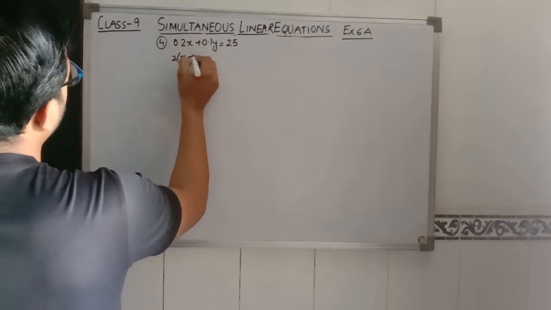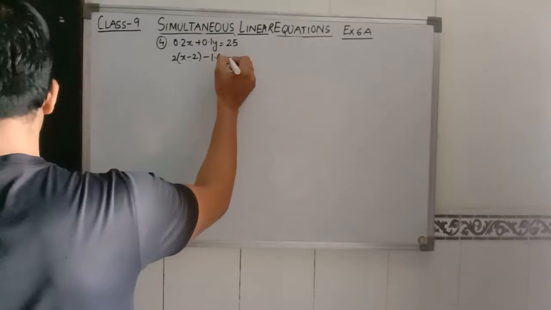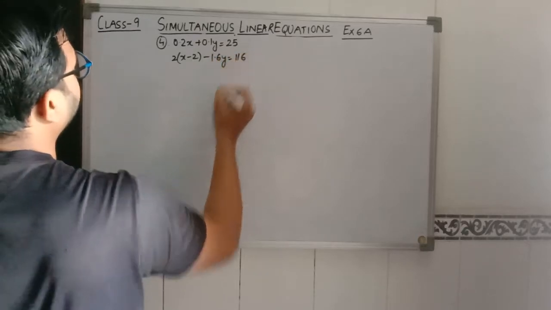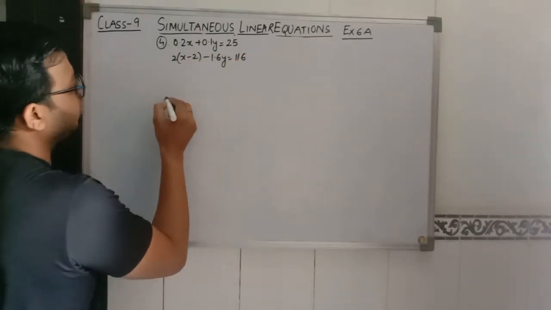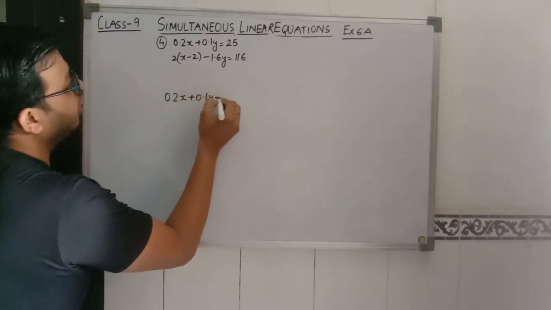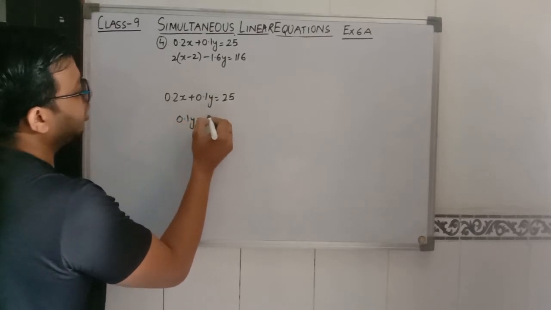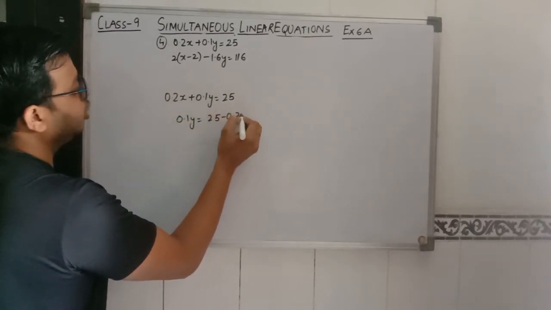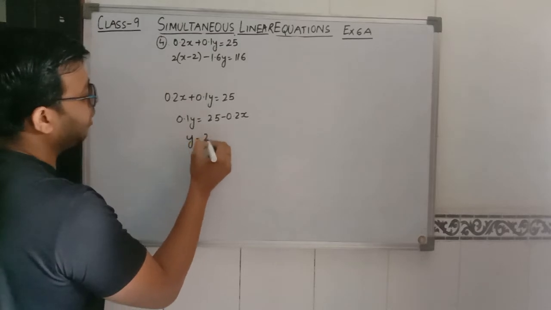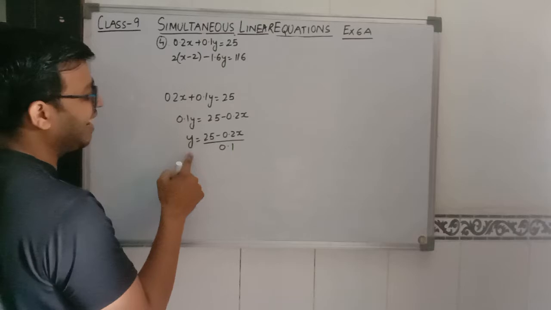The second equation is 2x minus 2 minus 1.6y is equal to 116. So we are taking the first equation. The first equation is saying 0.2x plus 0.1y is equal to 25. So 0.1y will become 25 minus 0.2x, and y will become 25 minus 0.2x upon 0.1. That is the value of y.